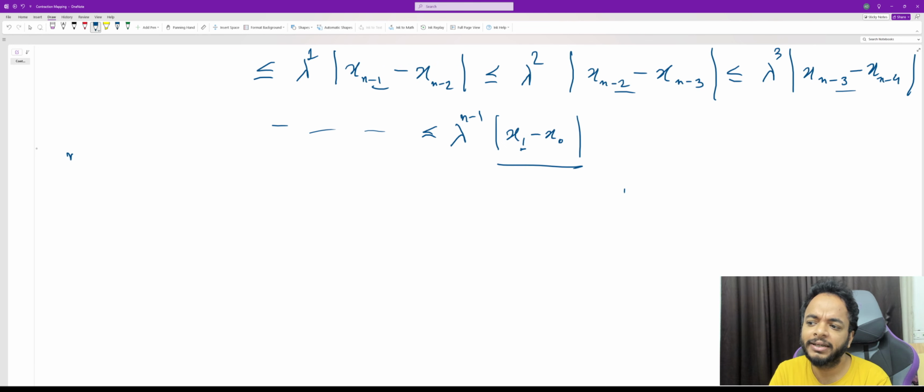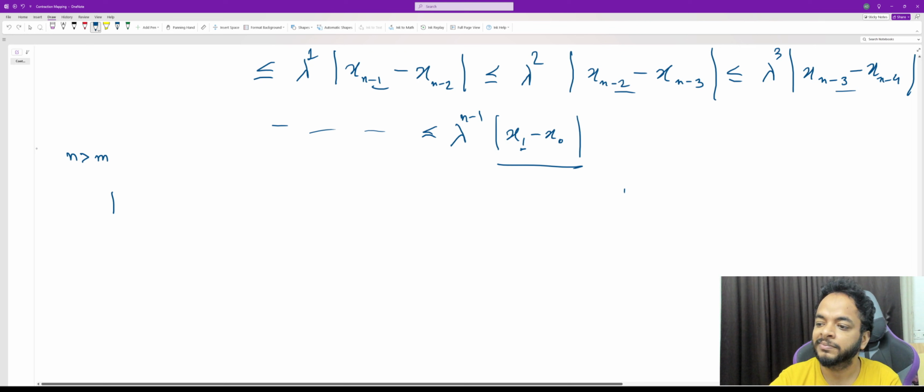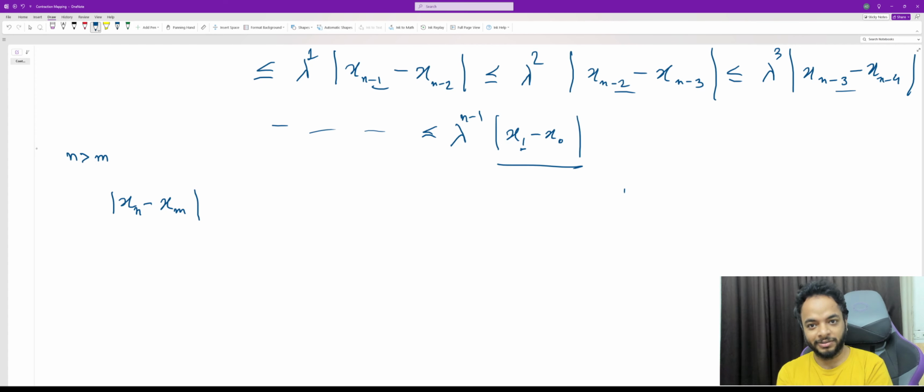Let's say n is greater than m, and let's discuss the difference between xn minus xm. Here try to understand, I'm taking any two terms, their difference.